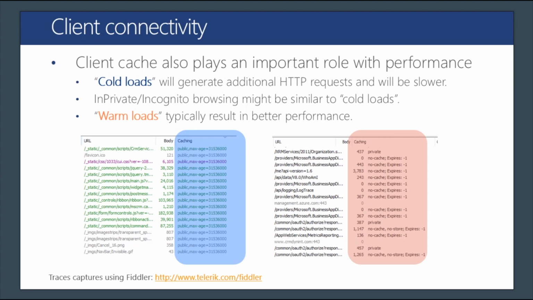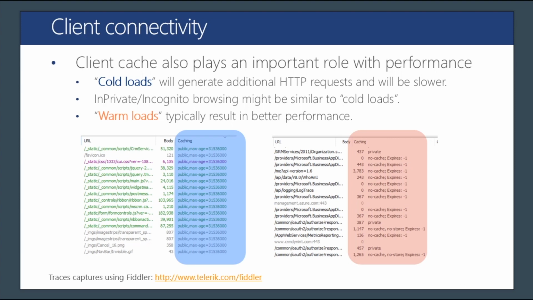And if you've already loaded it once and then you're coming back to your web page, then you'll see that it loads much faster, and that's the warm loading. But the important bit here is to make sure, and this is where you can use Fiddler to analyze what's being cached. Are the static resources being cached, or are they being requested every single time? Analyze the traffic and see how it's performing.